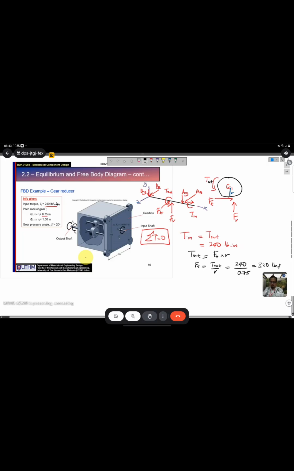And after that, for the Ft and Fr, we have some relation here. The gear pressure angle is about 20 degrees. So if you notice, the gear load will be acting about 20 degrees. Let's say this is your pinion, and this is your gear number 2.